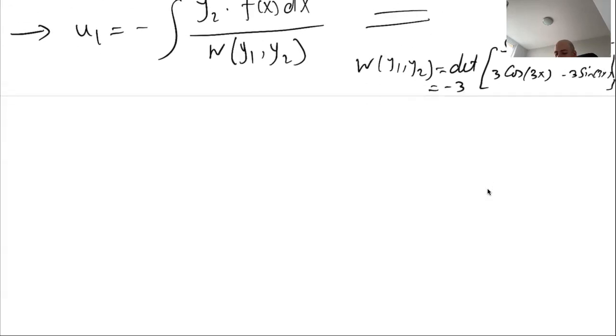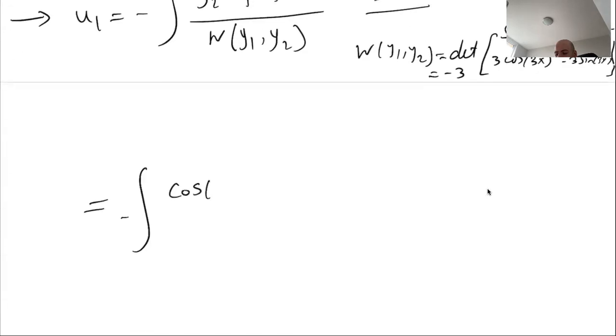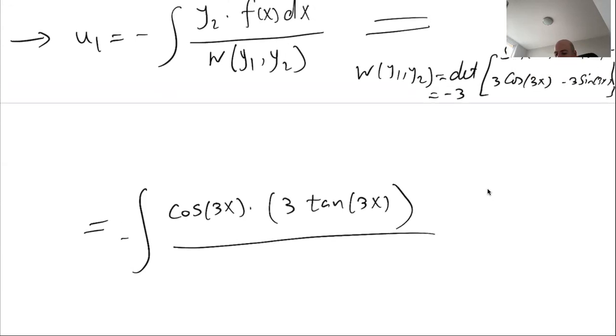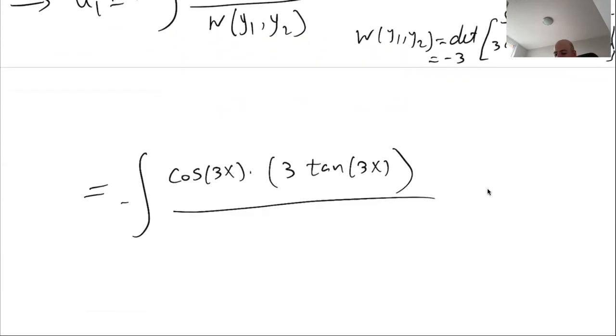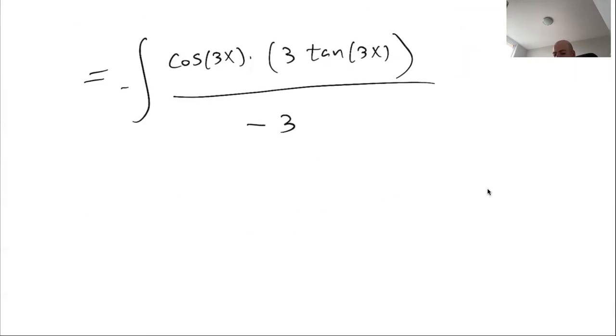Minus 3. So then this will be equal to minus integral of y2, which is cos 3x, times f of x. F of x is 3 tan 3x, divided by minus 3, dx.